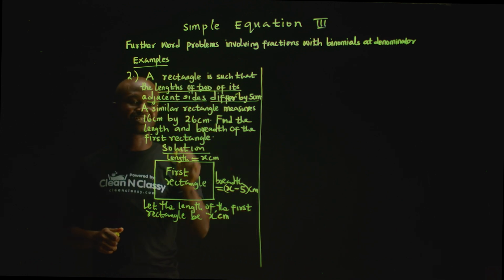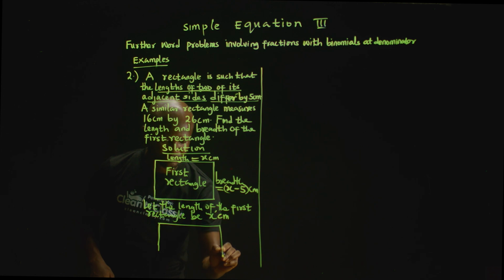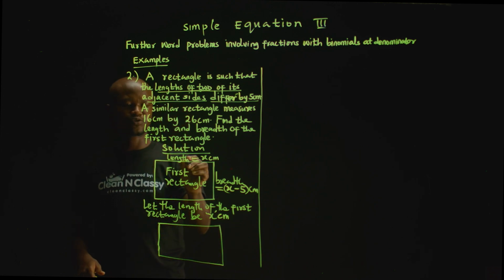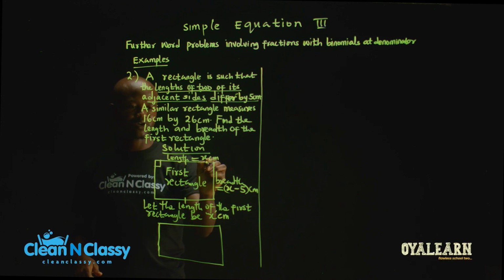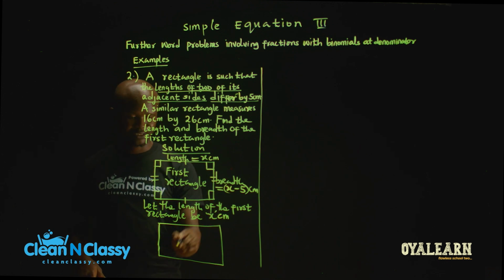Now, let me draw the second rectangle. For a rectangle, opposite sides are equal, and each angle is 90 degrees, that is a right angle, don't forget. So this side is also equal to this side here, and also this.